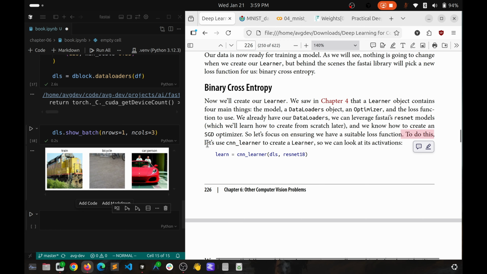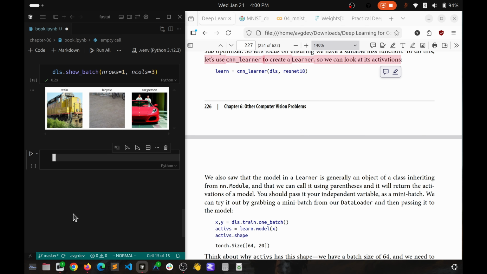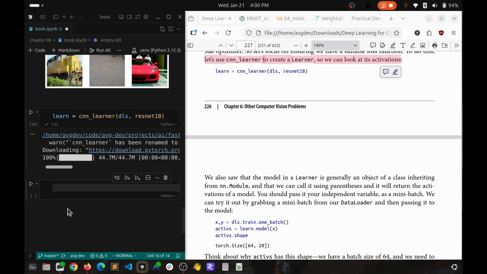To do this, let's use cnn_learner to create a learner so we can look at its activations. Okay. learn = cnn_learner(dls, resnet18). Cool. So we downloaded the ResNet 18 model, about 44.7 meg.